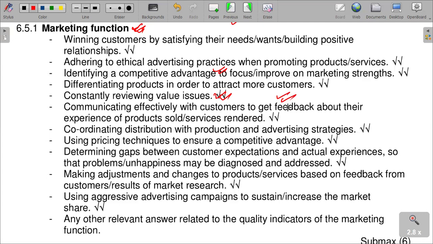So they can evaluate and see to it that areas of change, either for improvement or for closure or laying off, whatever needs to be improved on is noted and worked on accordingly. And then coordinating distribution with production and advertising strategies.